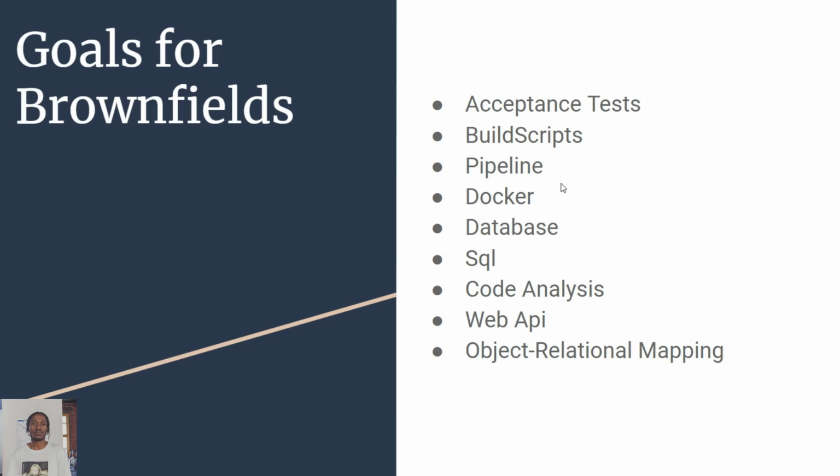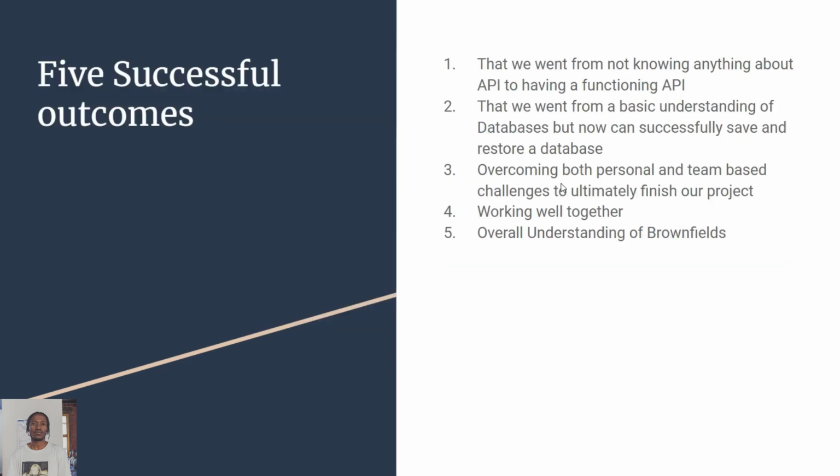We had code analysis that we had to monitor each and every time, just to make sure that our code health was improving and not declining. And then we had the web API and object relational mapping. So with the goals that we had, at the end of the project, we had 5 successful outcomes.